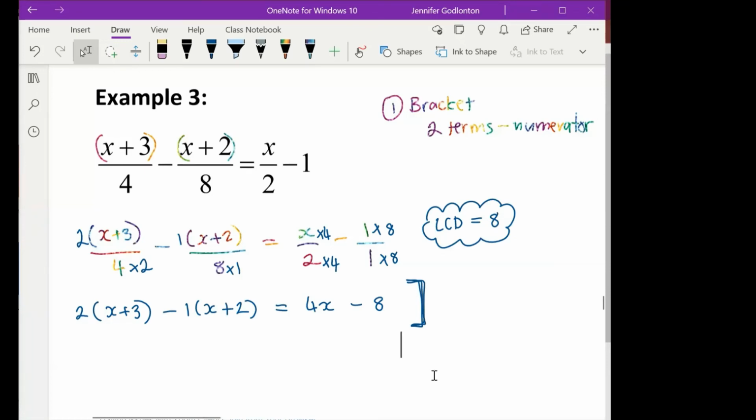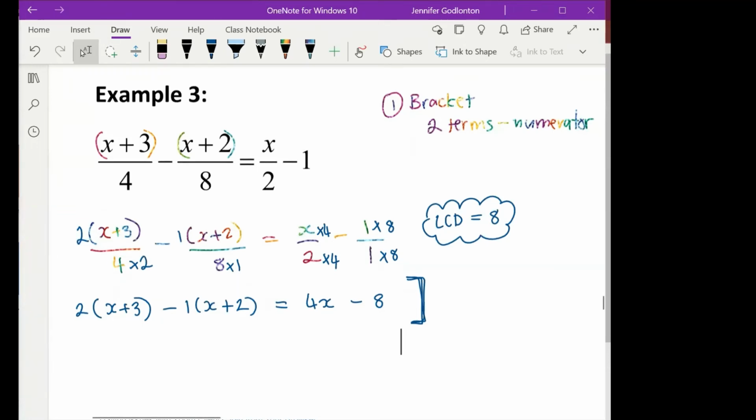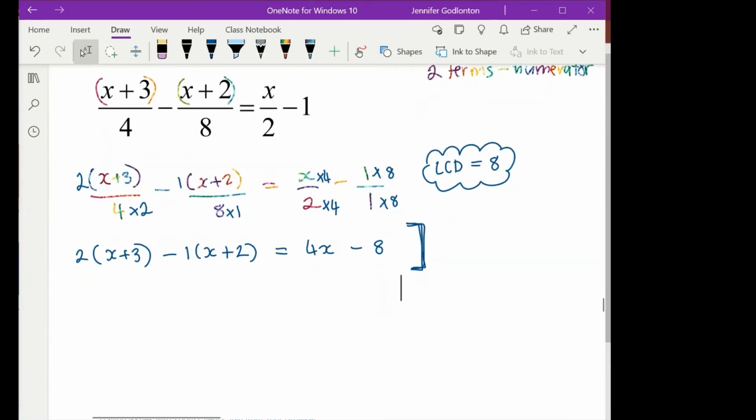Okay, Bonolo, talk me through my answer here. Where'd you go? Oh, there you are. Hello. Okay. So what am I going to do? You're going to write down 2x plus 6. Good. Negative x negative 2. Good.